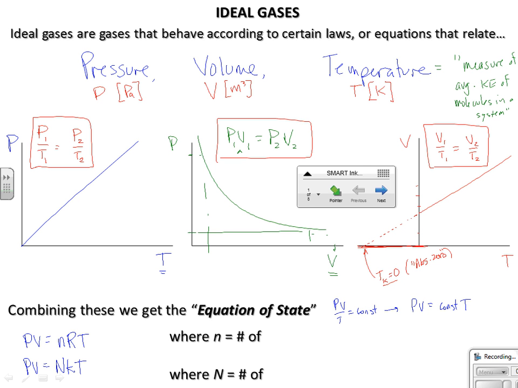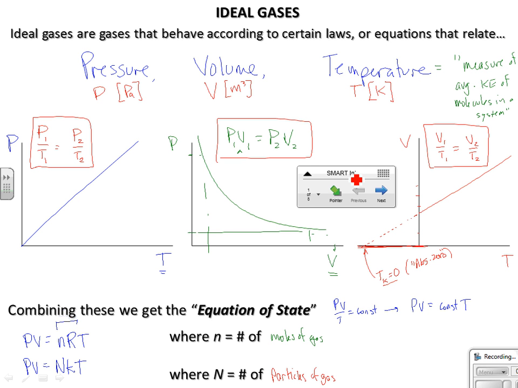The constant is one of those: little n times big R, or big N times k. Little n is defined to be the number of moles of gas, and big N is defined to be the number of particles of gas.